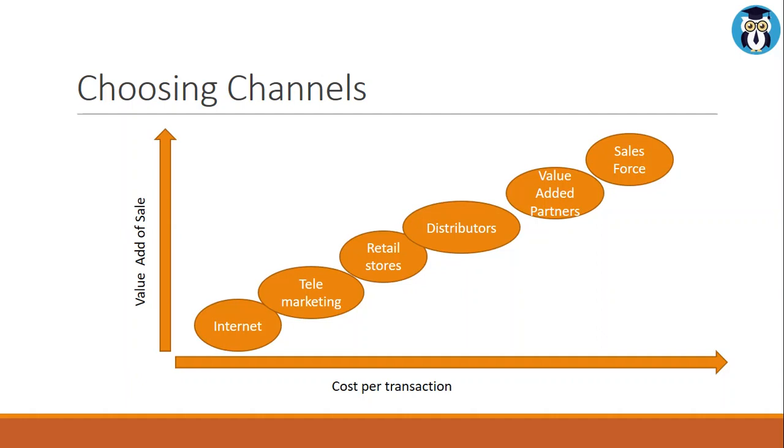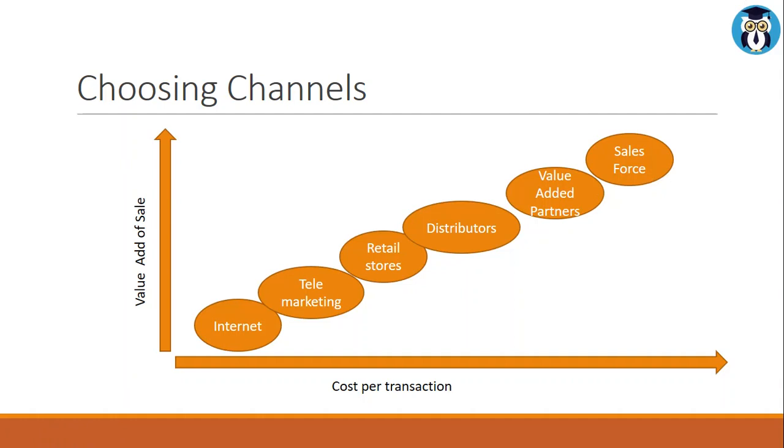Now, this is what this graph talks about. On the y-axis is the value added of sale, and on the right axis is my cost per transaction. Obviously, maintaining a website is a lot cheaper than having a sales force. However, a sales force also brings you a higher value add to your sales, because the sales force is trained. It's made of people. These people know the names of their customers. These people know how to negotiate.